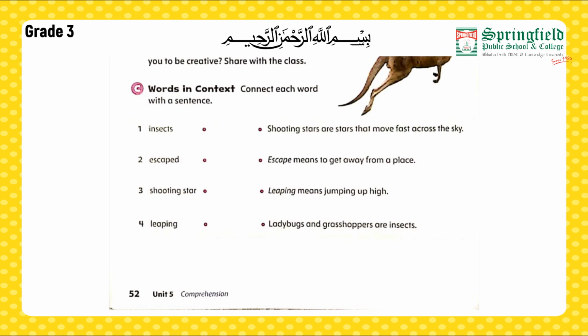Escape means to get away from a place. Leaping means jumping up high. Insects can be connected to ladybugs and grasshoppers are insects. So, we are going to connect one with the 4th one. In this way, you have to read the word and connect it with the appropriate meaning.